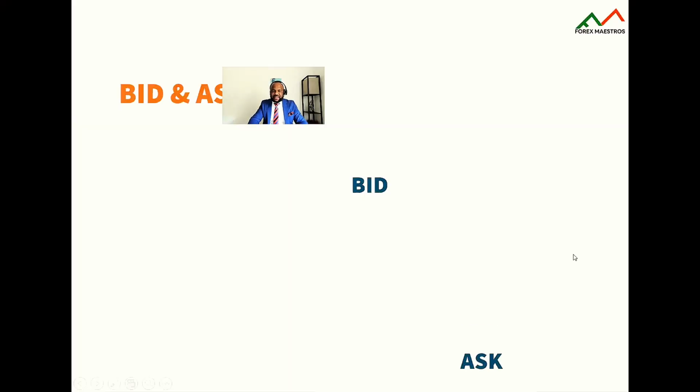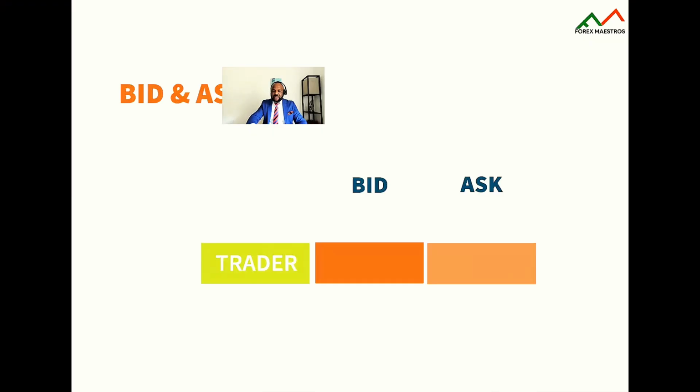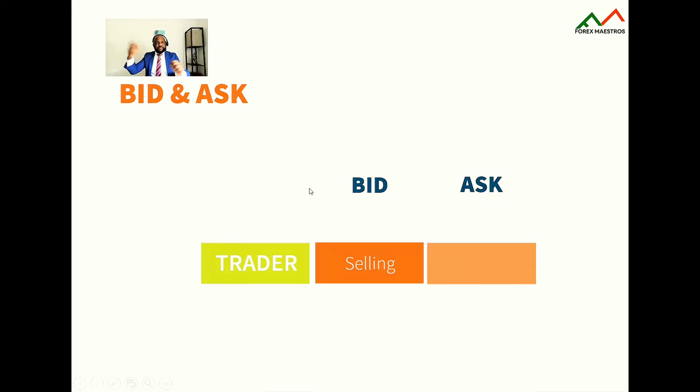It depends on where you are standing. If you're a trader, the bid represents the price you will sell an asset to a broker or to another person that wants to buy the asset from you. And the ask represents the price you will buy the asset from someone else if you are interested in buying it at that same time.